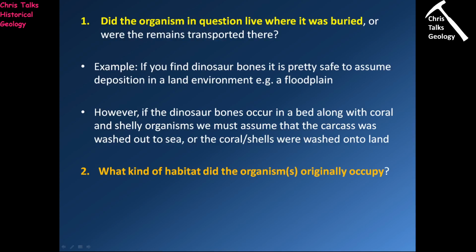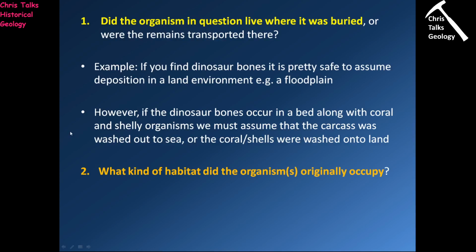So we can't just rely on the fossil itself, we also need to use the rock that it's in to accurately gauge what happened to that fossil. Did the fossil actually live in the environment which the sediment represents, or is the fossil an external organism that's been transported in after it died?